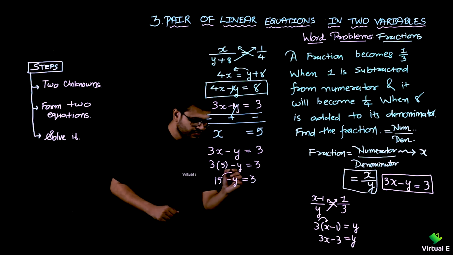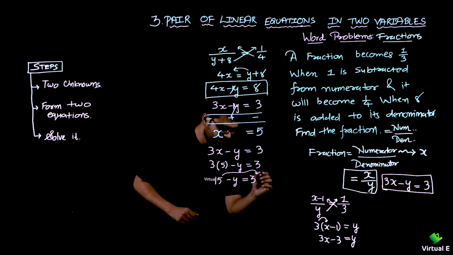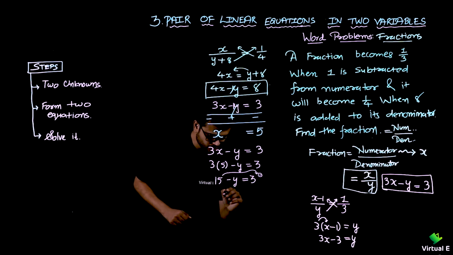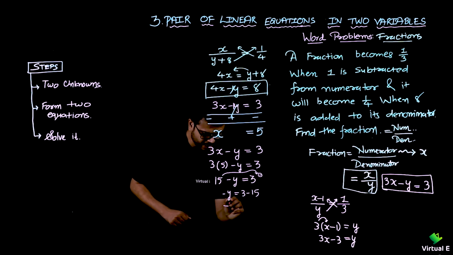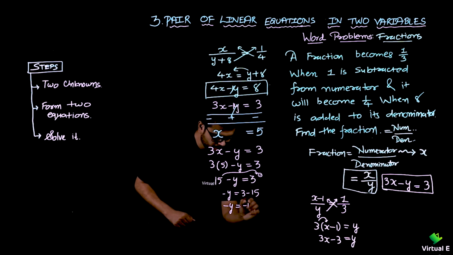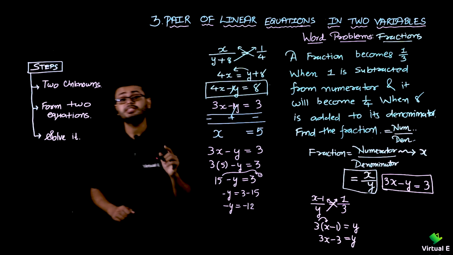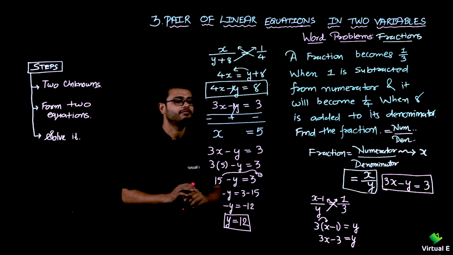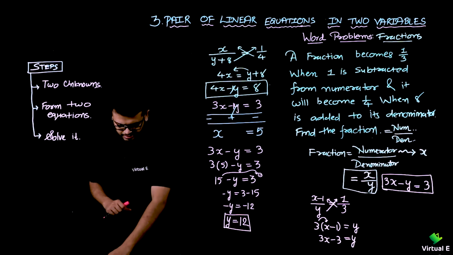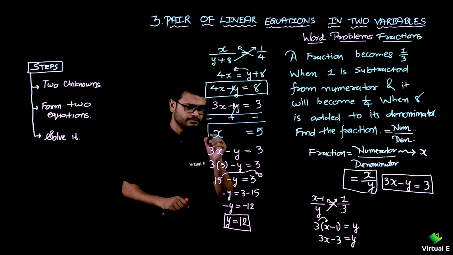Now I'm going to shift this 15 over here, so that will become negative. So minus y is equal to 3 minus 15. So minus y is equal to minus 12. 2 negatives make a positive. So the value of y is 12. So my two solutions: x is equal to 5 and y is equal to 12.